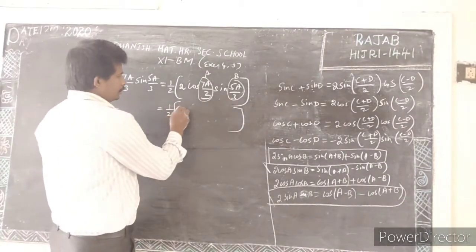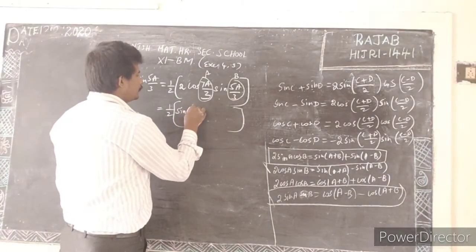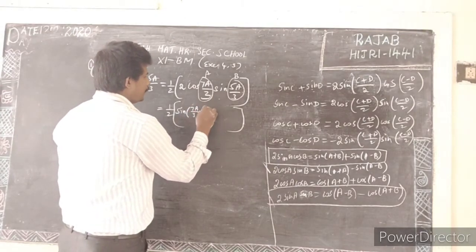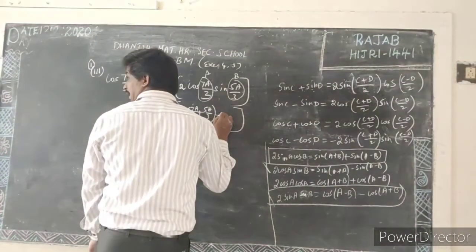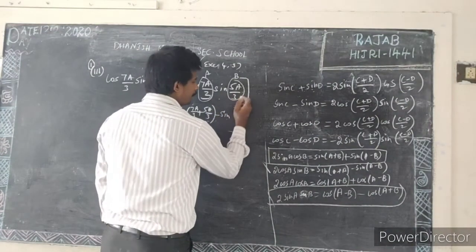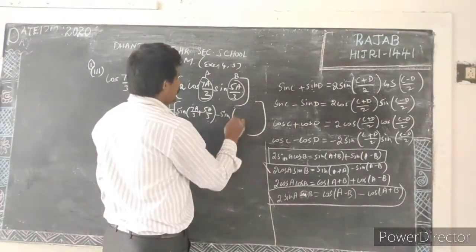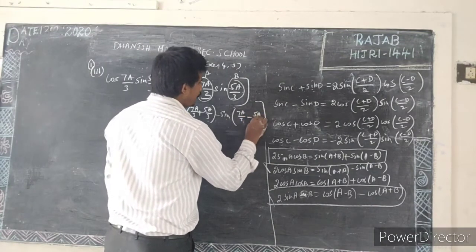So sin of a plus b, 7a by 3 plus 5a by 3, minus sin of a minus b, 7a by 3 minus 5a by 3.